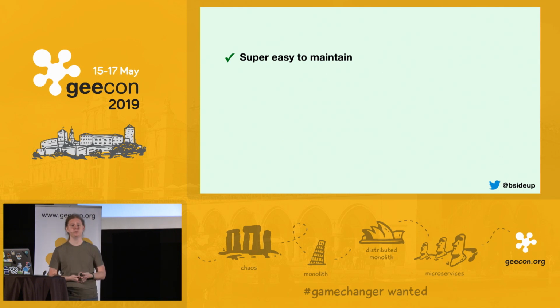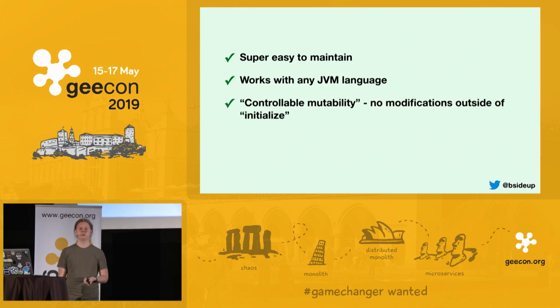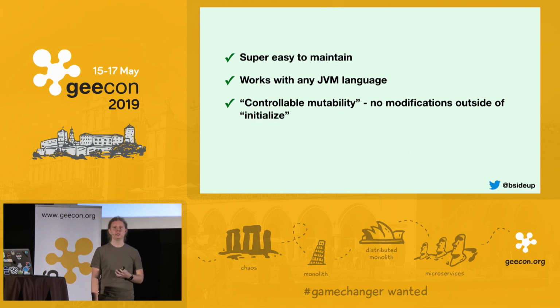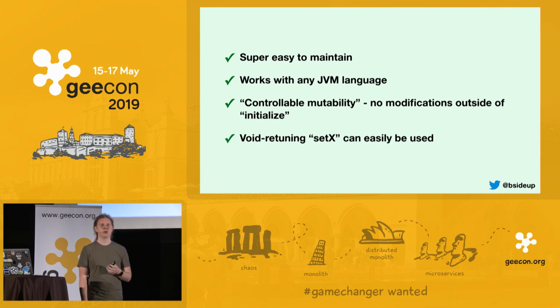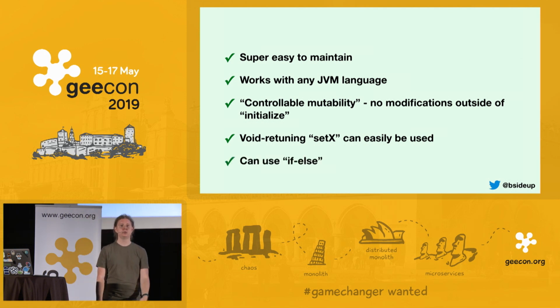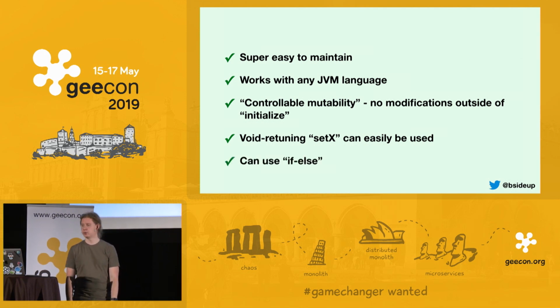So it's super easy to maintain. It works with any JVM language. It's controllable mutability, because we can assert that after we call initialize, nobody should modify anything anymore. And we can use void returning setters, and you can use if-else because it's just a block of code, right?